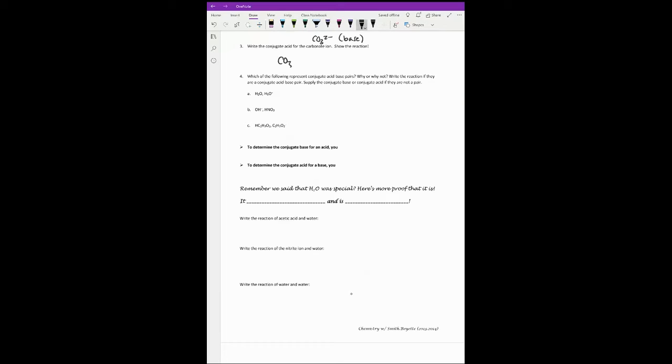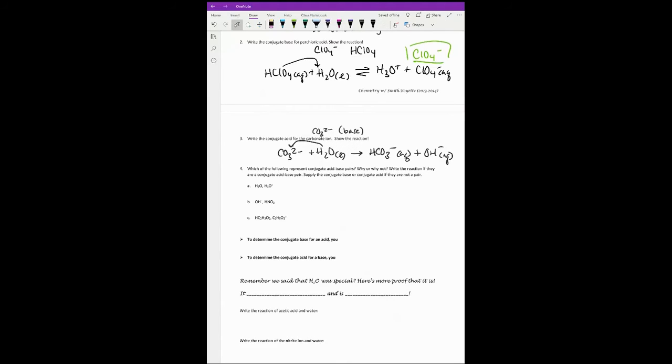So if we react CO3 2 minus plus H2O, what we're going to end up with is H2O donating its H to the CO3 2 minus to get HCO3 minus aqueous plus OH minus aqueous. What you'll notice is that an acid reaction has a product of H3O plus or H plus, while a base reaction releases our OH minus.